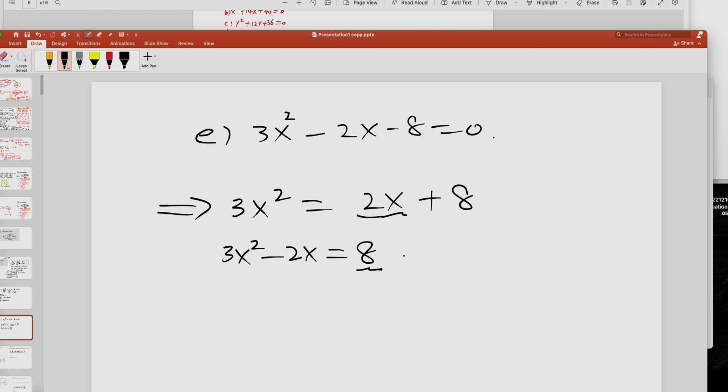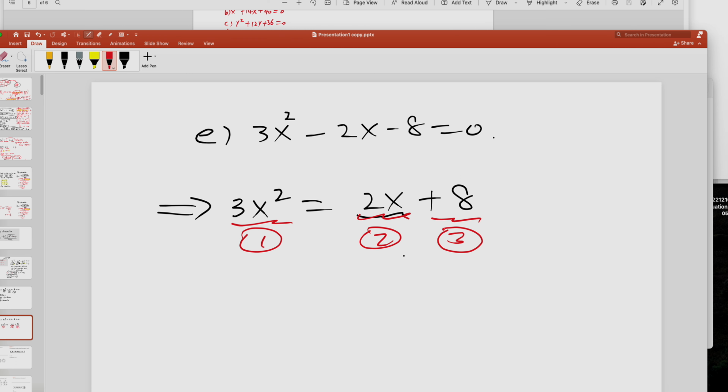Just now what did we say? We can use the box method when we have how many terms on the left? 3. Good. So now ask yourself, how many terms do you have here? 1, 2, and 3. But are these 3 terms on the same side already?